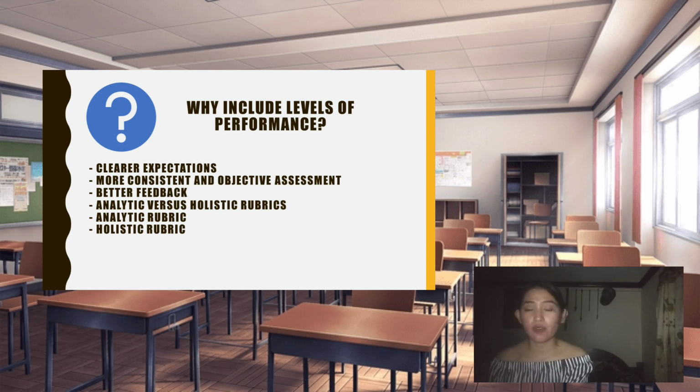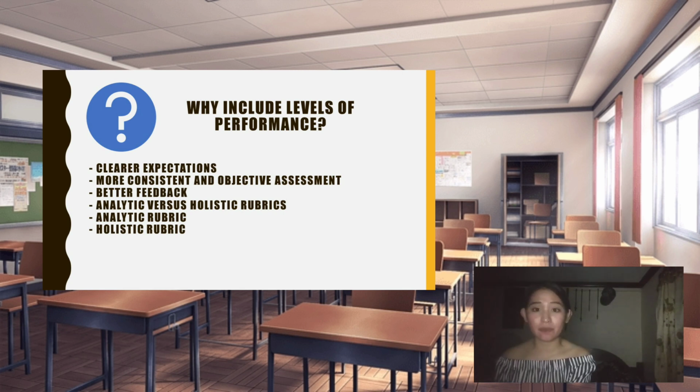Let's go first to the analytic rubric. An analytic rubric articulates levels of performance for each criterion, so the teacher can assess student performance on each criterion. Using the research rubric, a teacher could assess whether a student has done a poor, good, or excellent job for organization and distinguish that from how well the student did on historical accuracy.